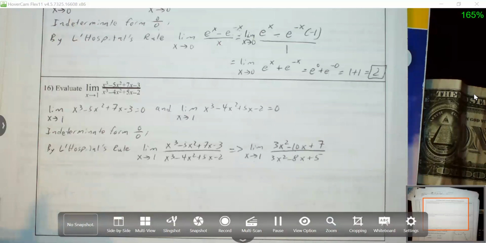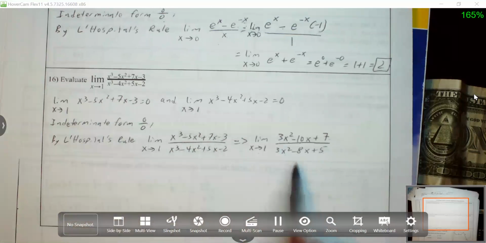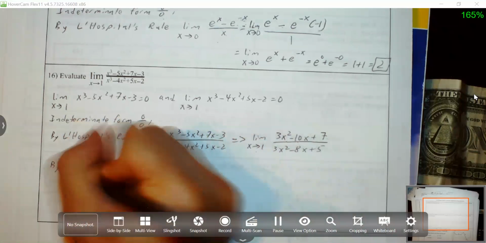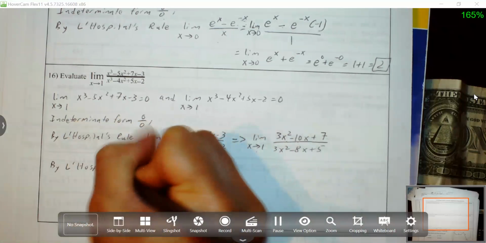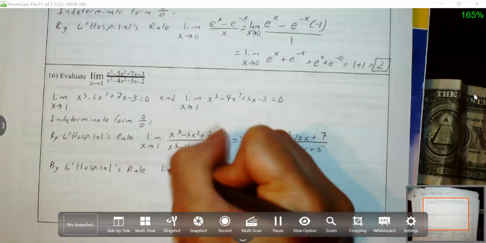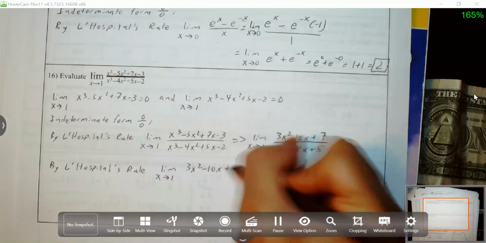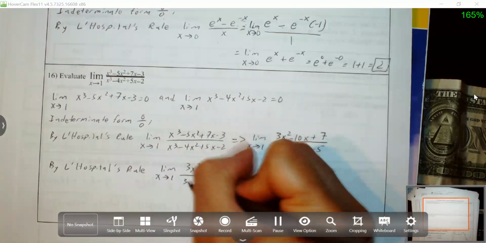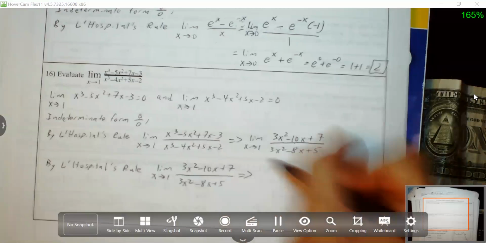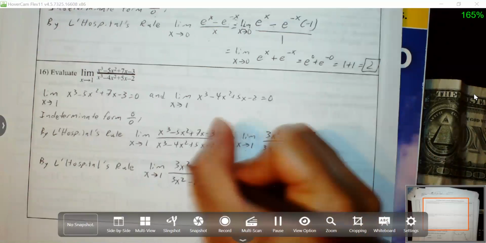So that means I could apply L'Hopital's rule. Now, you don't need to write all this over again. I'll be fine with you just saying by L'Hopital's rule, the limit as x approaches 1 of 3x squared minus 10x plus 7 over 3x squared minus 8x plus 5 is the same as, so now I'm going to take the derivative of the top again.